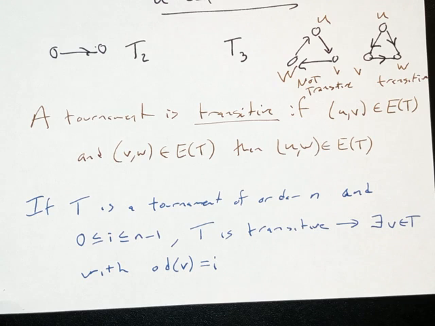Somebody lost to everybody else. And every other possible arrangement of wins and losses, every possible record exists. 0 and n minus 1 wins. Holy crap. Why?